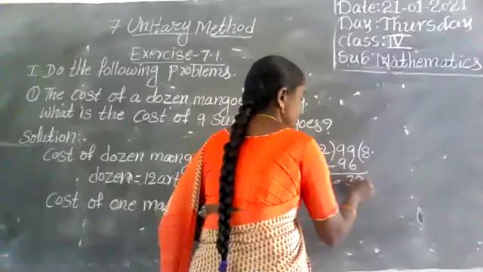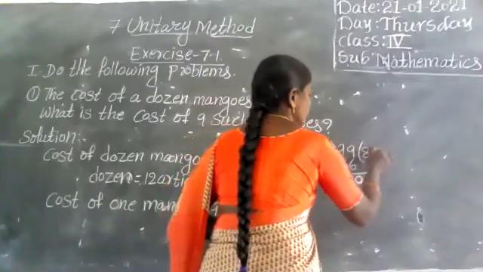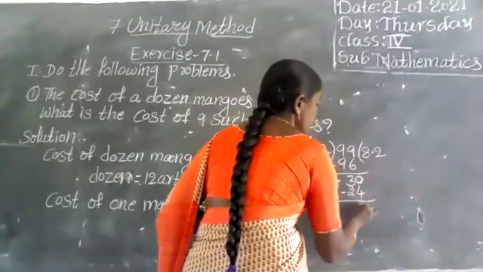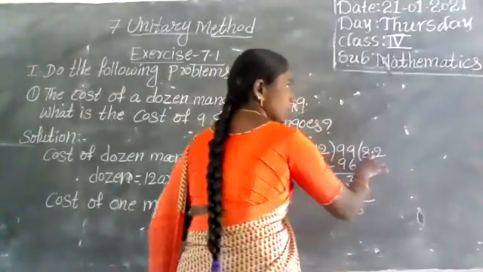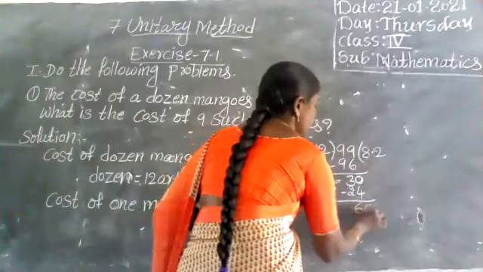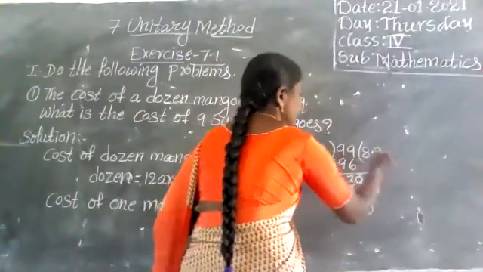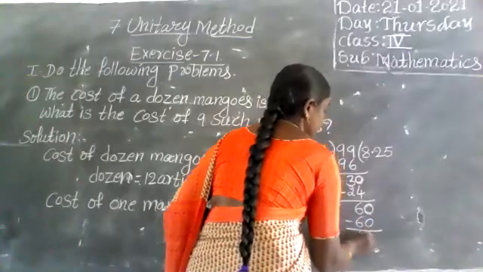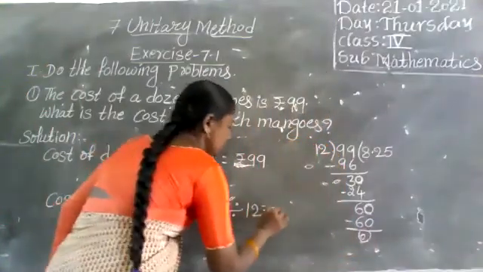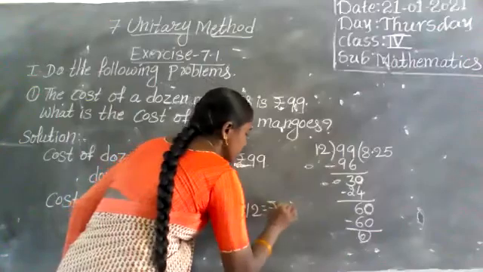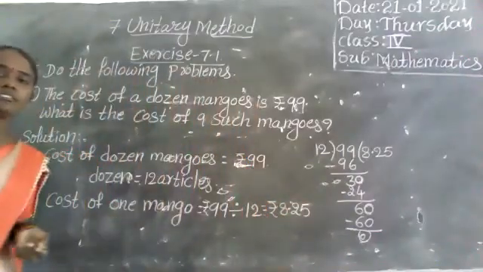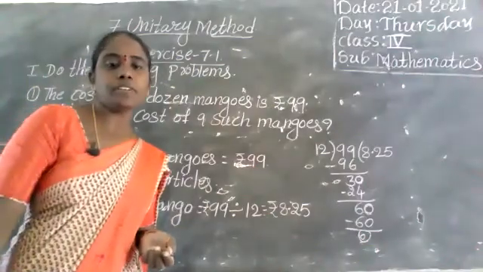Next, 12 2s are 24. 30 minus 24 is 6. The point is already there. Again you have to write 0. 12 5s are 60. So 8 rupees 25 paise. The cost of one mango is 8 rupees 25 paise.